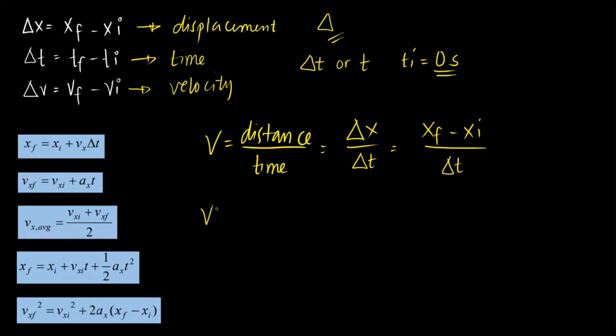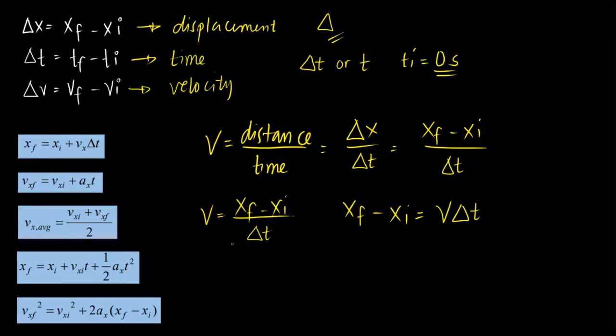Let's clean this up. This becomes v equals xf minus xi over delta t. What we want in our equation is for xf to stay in this side. So, ang matabo, xf minus xi is equal to v delta t. Okay?